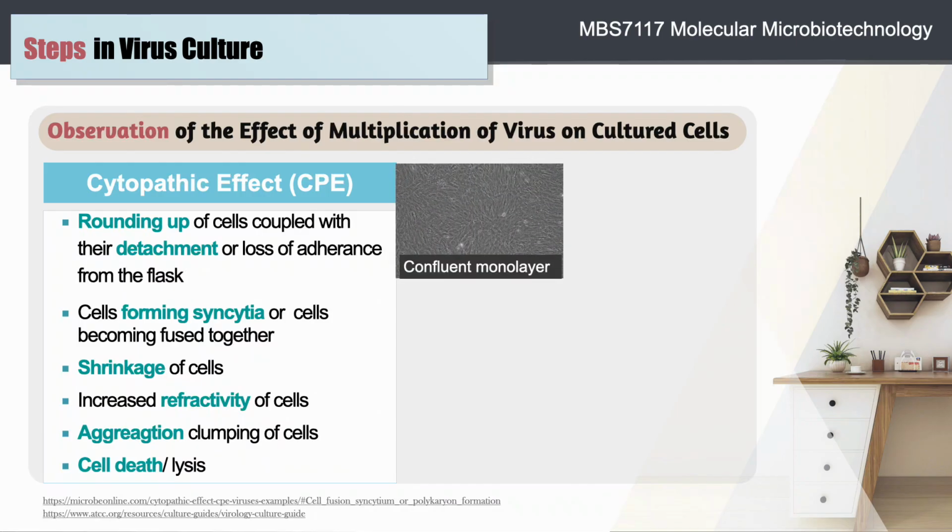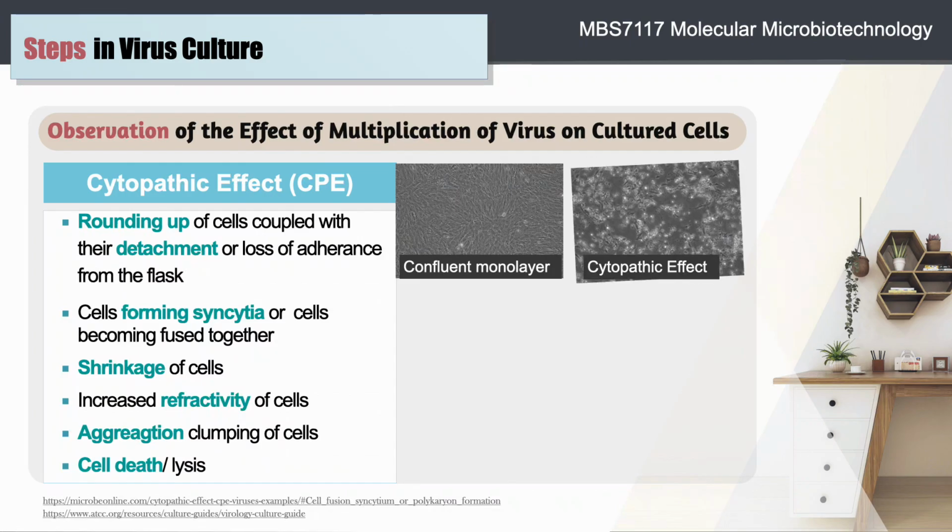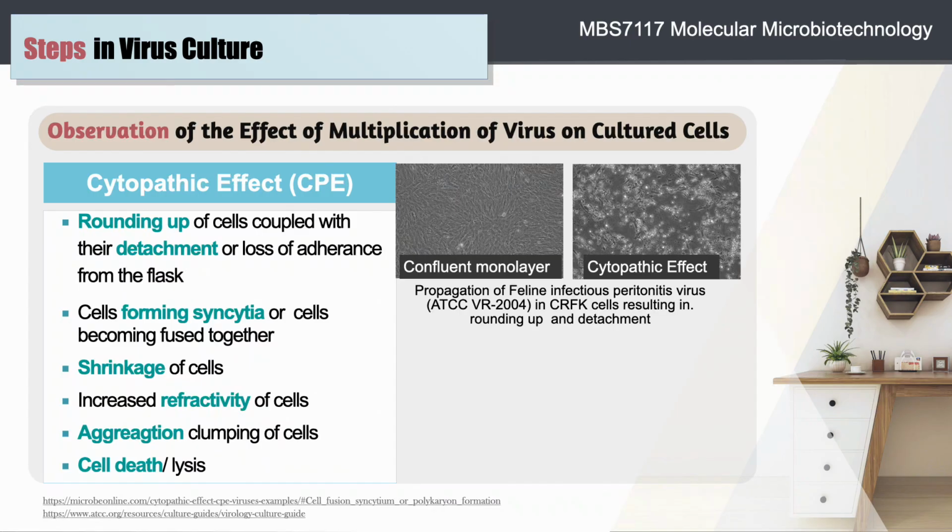In this picture, we see a confluent monolayer. In the next one, we see cytopathic effect. The cells have rounded up and they have detached from the vessel or the flask. And this was seen when we were propagating the feline infectious peritonitis virus.